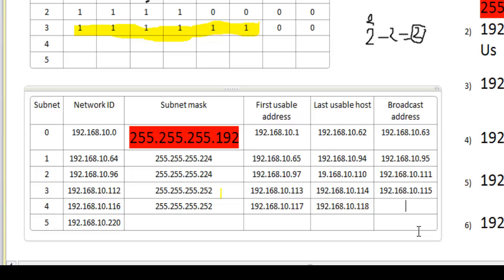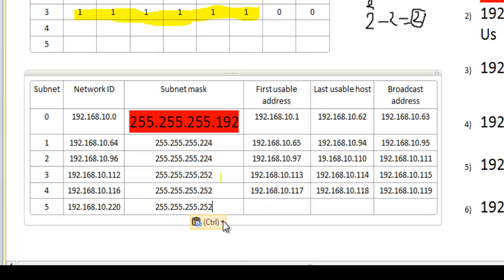So 119 will be the broadcast, and again here's the same thing. So 252, all the point-to-point links. If you need two IPs, you need to use the subnet mask 255.255.255.252, which is slash 30.